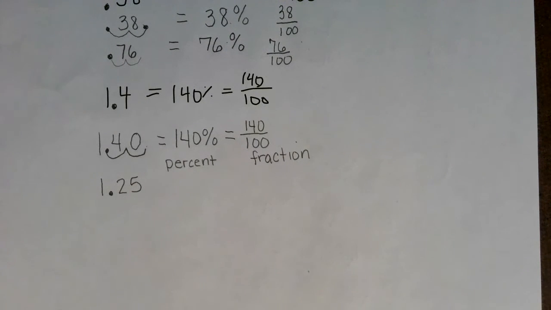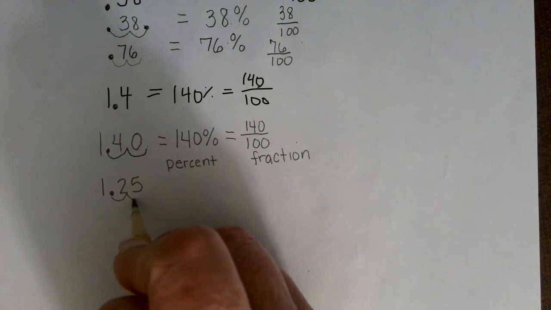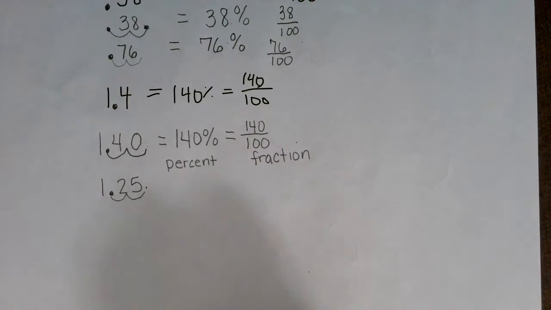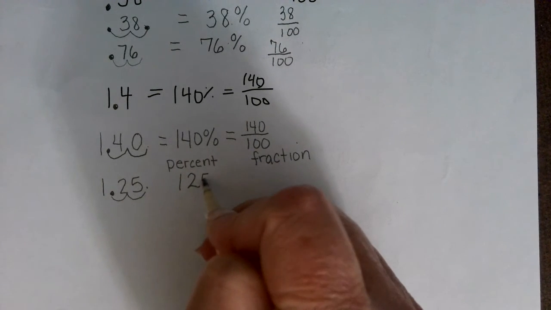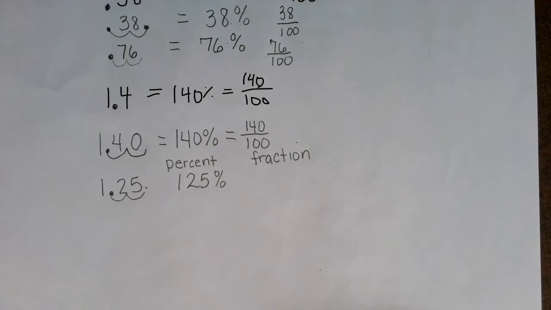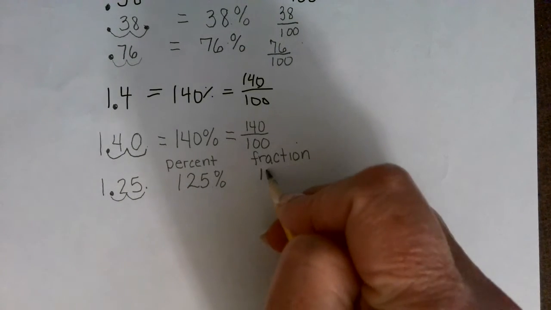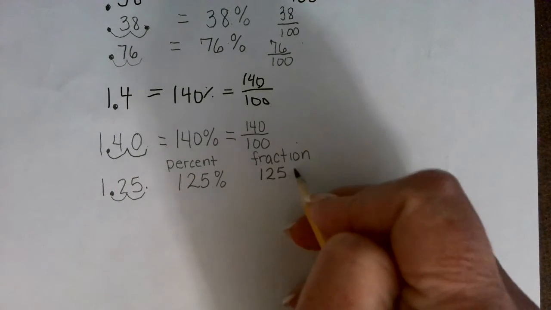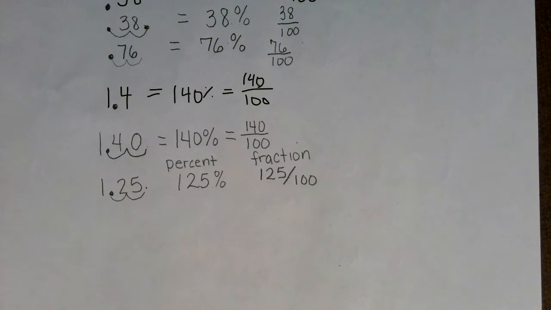To write it as a percent, we're going to move that decimal 2 places. So it's 125, and then my decimal's at the end, percent. 125% means 125 out of 100. So that's my fraction.